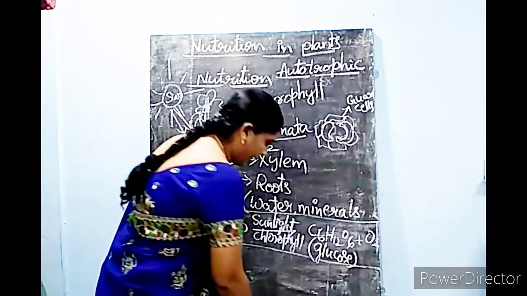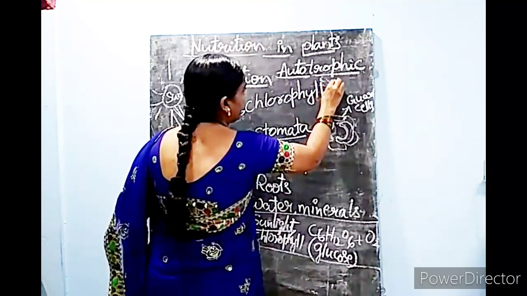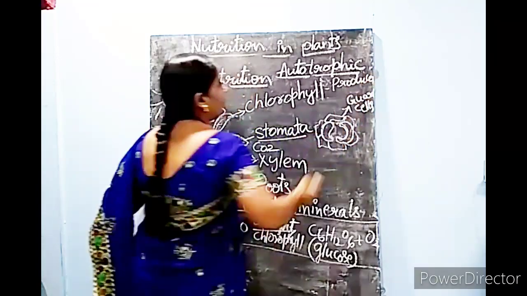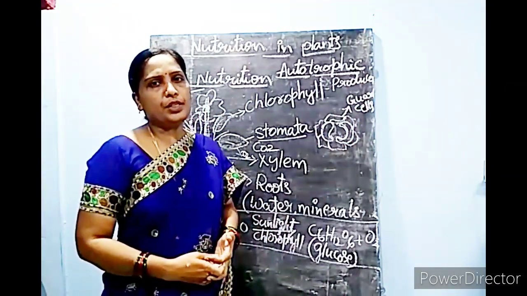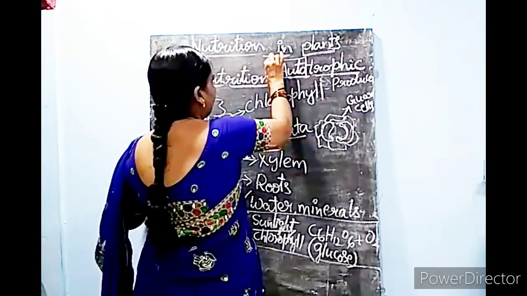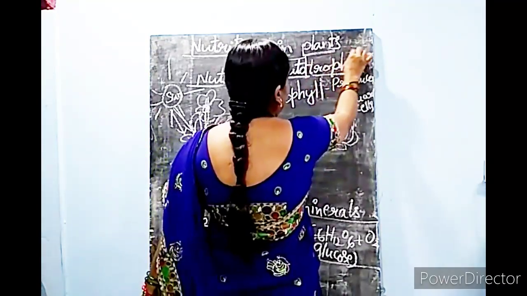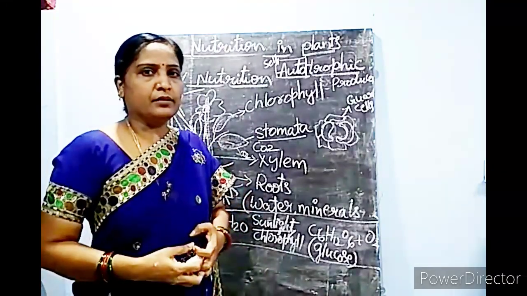Plants are also known as autotrophs or producers. In this word, auto means self. Trophy means putting together or combining.